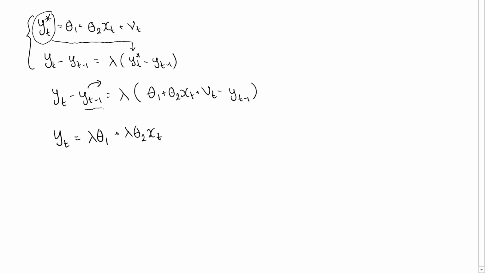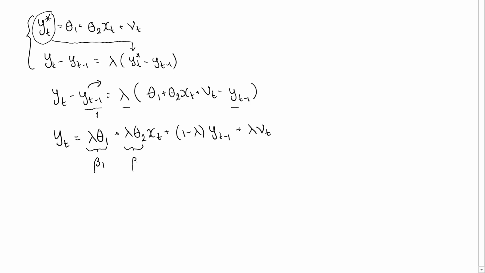The terms in front of yt minus 1, there is a plus 1 from this term here, and there is a minus lambda from this term here. So plus 1 minus lambda yt minus 1, and we have the error term, lambda nu t. So let's just rename these parameters. The product of lambda and theta 1, we rename that to beta 1.